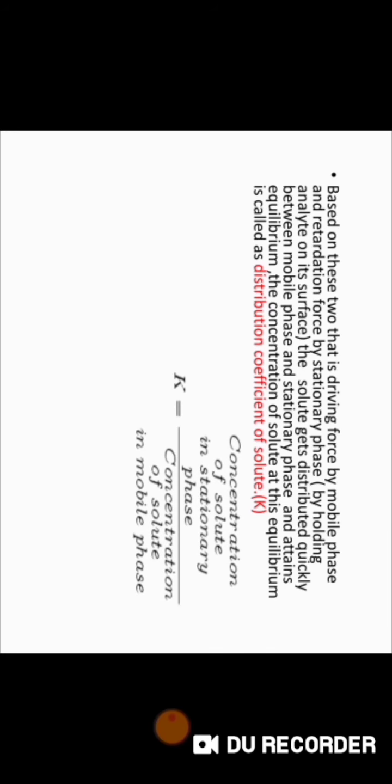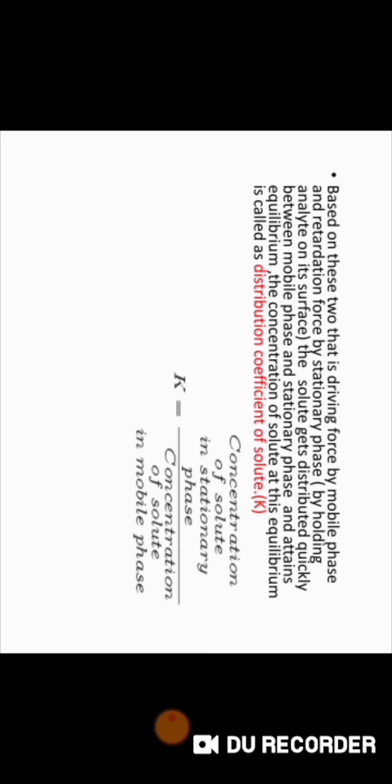Next we have the distribution coefficient. Based upon the force exerted by the mobile phase and the force exerted by the stationary phase, the solute gets distributed quickly between the mobile phase and the stationary phase. When the solute moves forward, it gets distributed in the mobile phase, sometimes in the stationary phase, and somewhere it attains equilibrium.